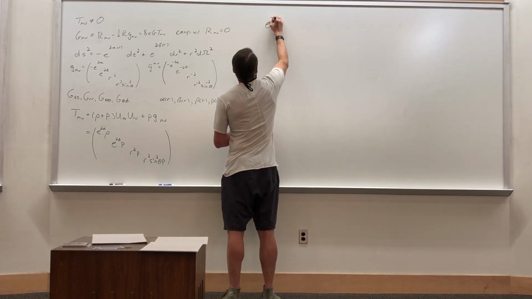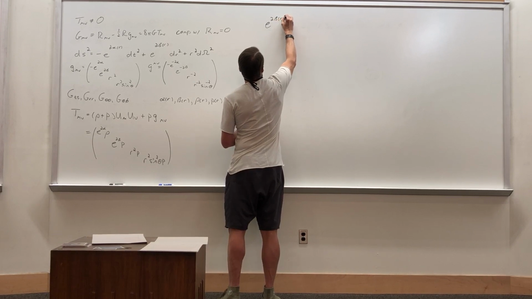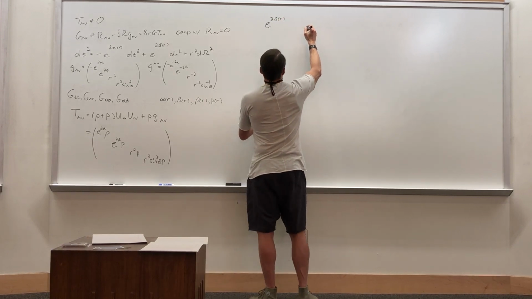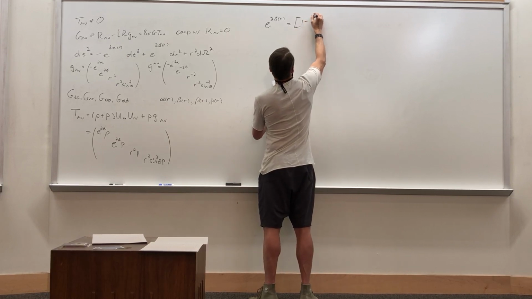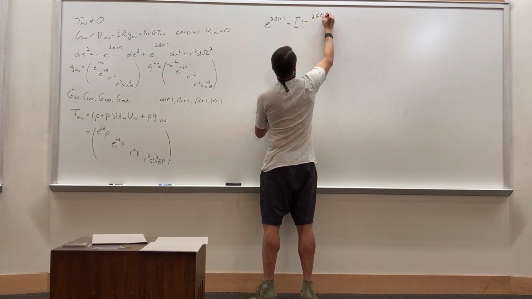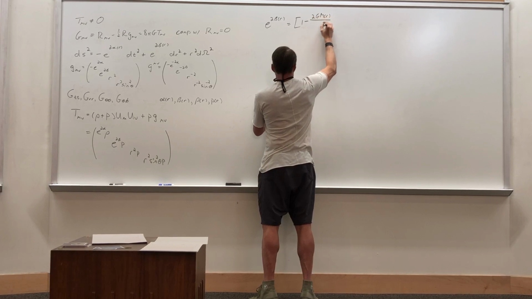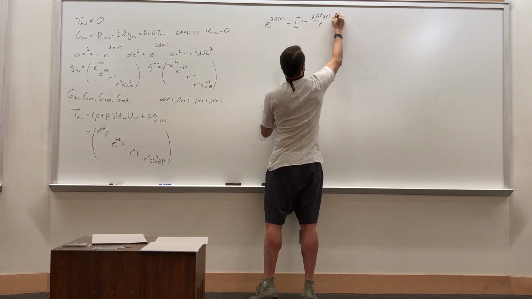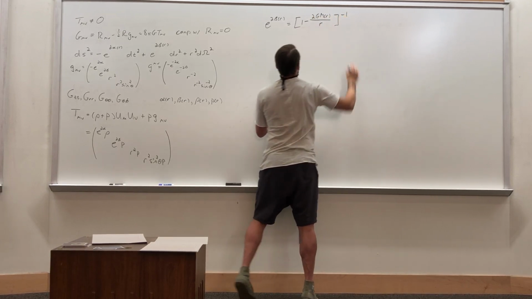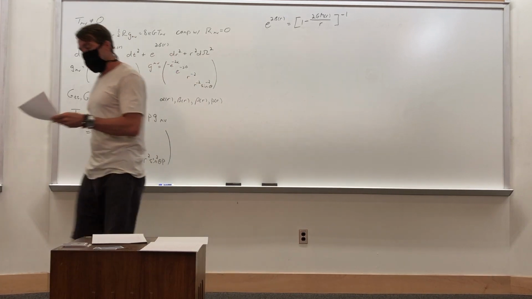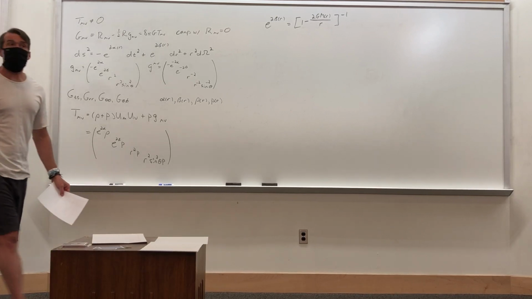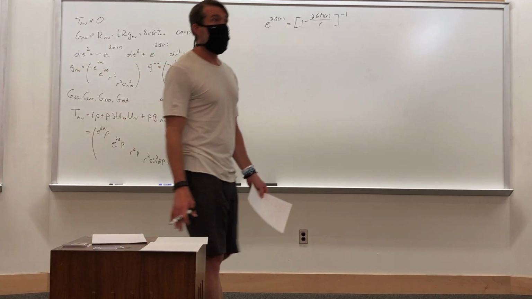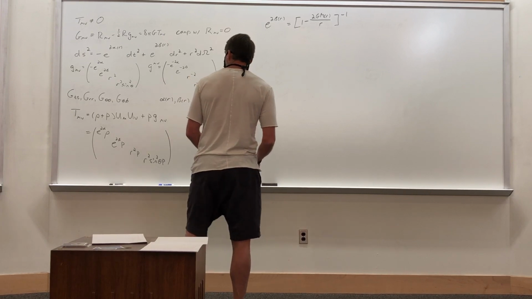We can take e to the 2 beta of r, and we can write it as 1 minus 2 G m of r over little r.